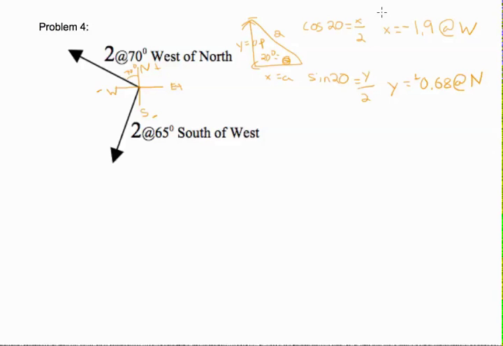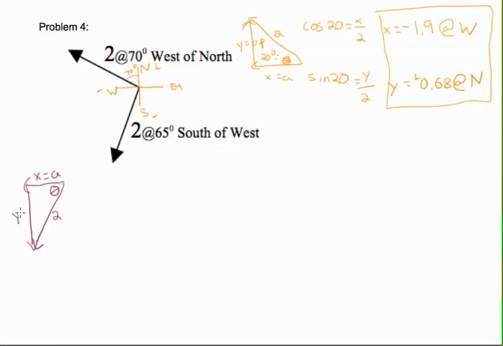So let's do the second one. Not really enough room over there, so 2. We have our x, which is equal to our adjacent, because that's our theta, and y, which is our opposite. In order to find theta, we look up at this. It's south of west, or south from west. So this angle is 65 degrees, and this is the same angle in our triangle.